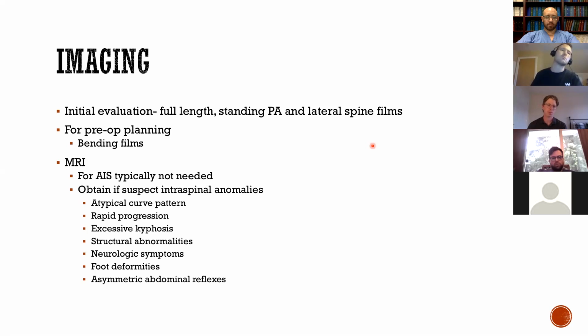Things that aren't typical, then you would want to get an MRI because there could be spinal cord pathology, and you, as the surgeon, would need to know about that kind of stuff. Okay.